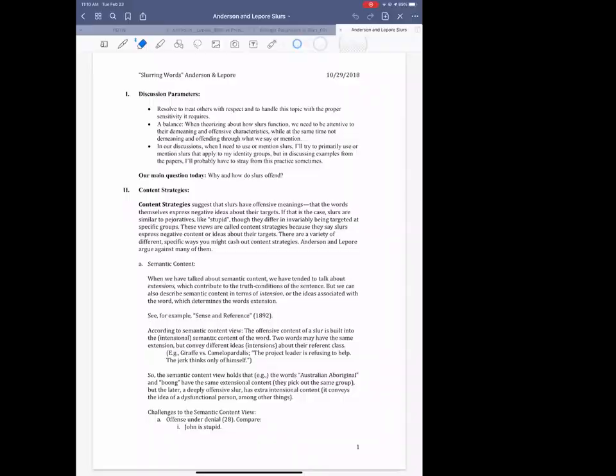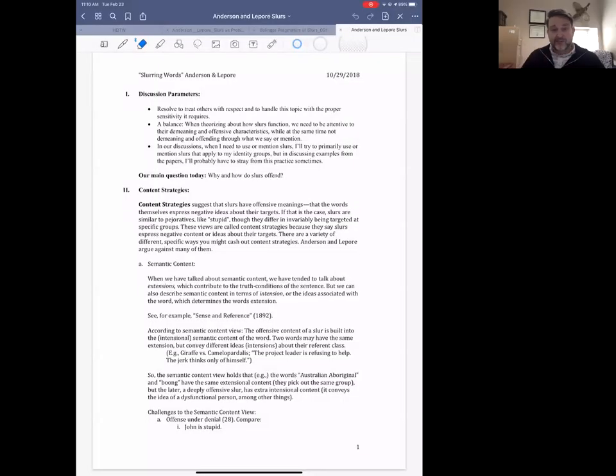And I'll just say a few things about how I'm planning to go in this discussion. First of all, I want to point out additionally that there is a balance that we need to strike here. What we're doing in this section of the class on slurs is theorizing about how slurs function.